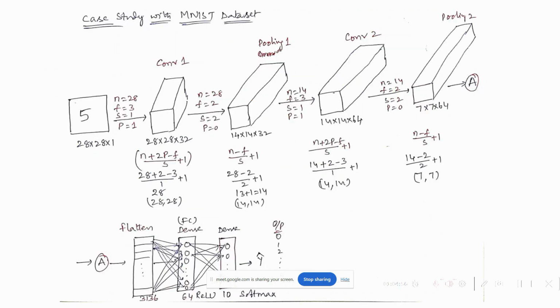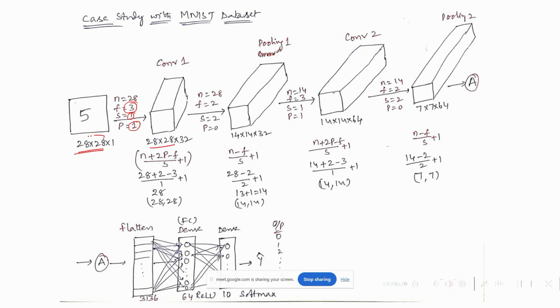For example here, see this one. A 28 by 28 image is there, and on that image we are applying a kernel size of 3 by 3, stride equal to 1, and padding equal to 1. Previously there was no padding. Padding means that after applying the convolution we still get the same size image.